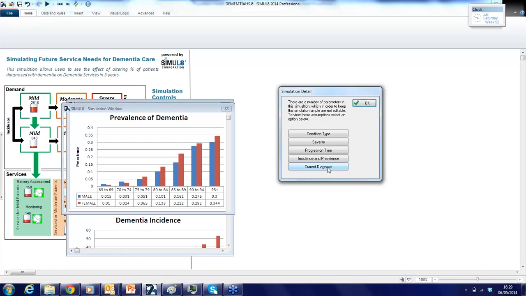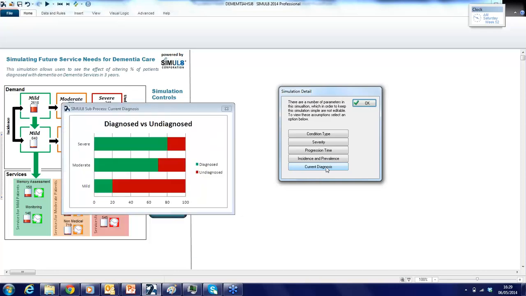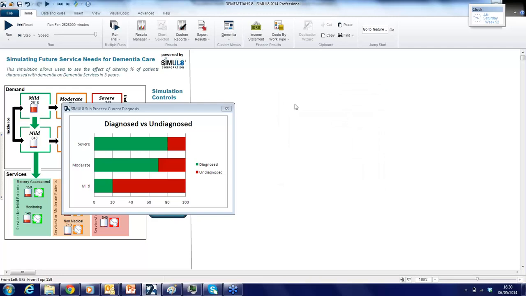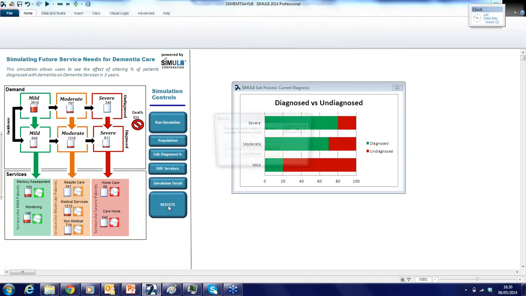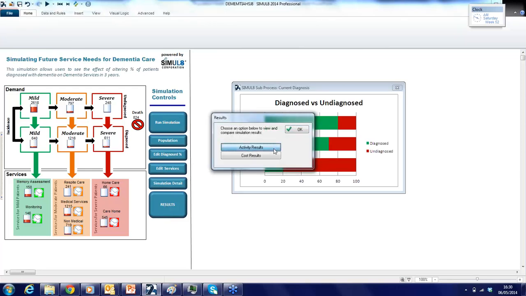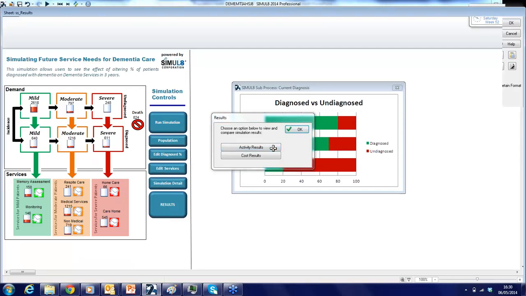So we've got a lot of different data in the model, which enables us to really relate the population health, the disease model for people with dementia, which will be different depending on how many over 75s there are in our individual population, and understand the impact over years of that particular demand. And you can see here the kind of results we can get, so we can see how many people are in that kind of state, and also have a look at our costs.